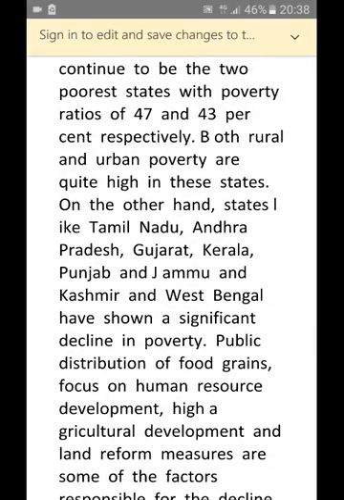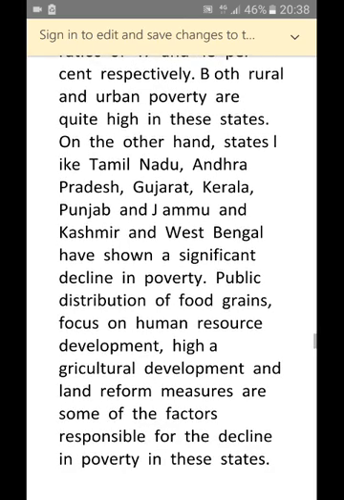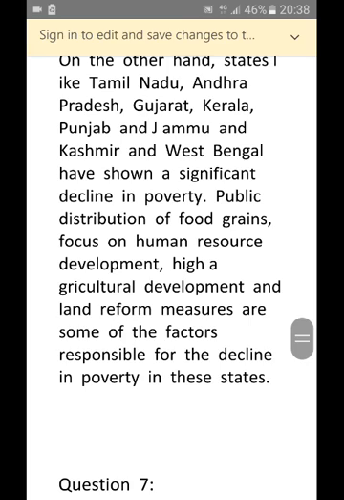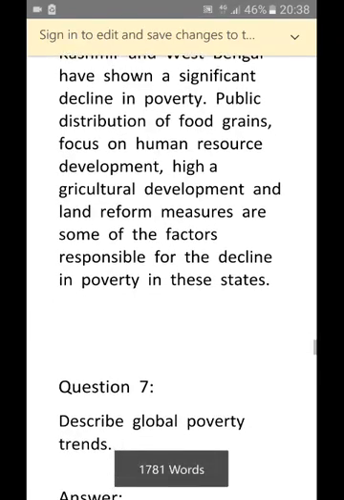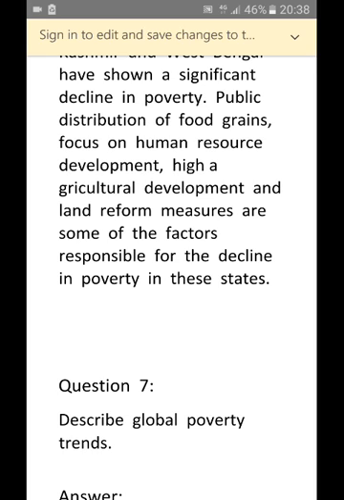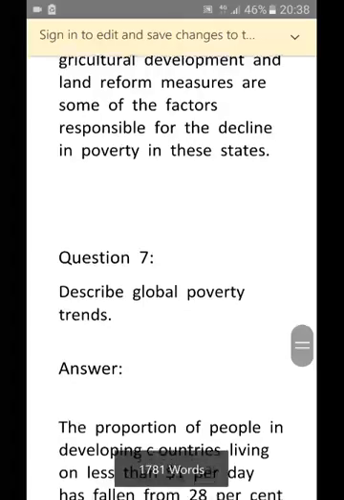On the other hand, states like Tamil Nadu, Andhra Pradesh, Gujarat, Kerala, Punjab, Jammu and Kashmir and West Bengal have shown a significant decline in poverty. Public distribution of food grains, focus on human resource development, high agricultural development, and land reform measures are some of the factors responsible for the decline of poverty in these states.